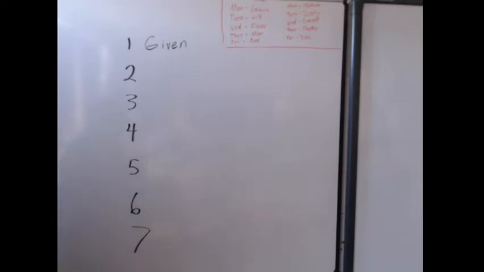Step 2. Okay, take a look at step 2, and turn back to your reference sheet and look at definition of congruence. Okay, you see it in two spots. You see it in number 1, and you see it in number 11.